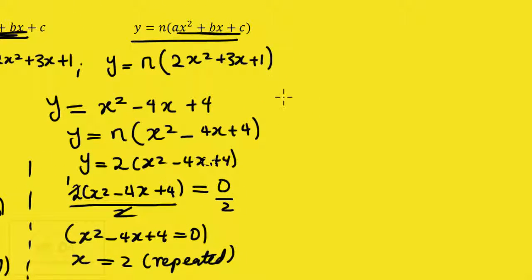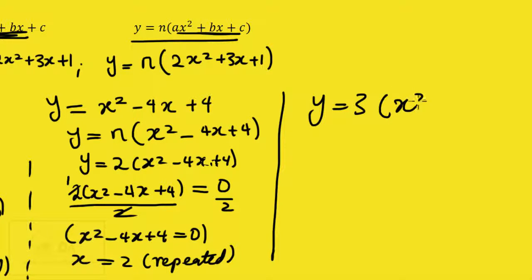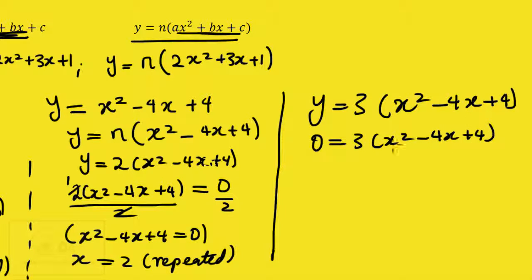When n is 3, y equals 3 times x squared minus 4x plus 4. I want to find the roots of this equation. I'm going to set y as 0, which gives me this. Now I'm solving this equation to determine its roots. So nothing stops me from simplifying this equation. Nothing stops me from dividing through by 3.